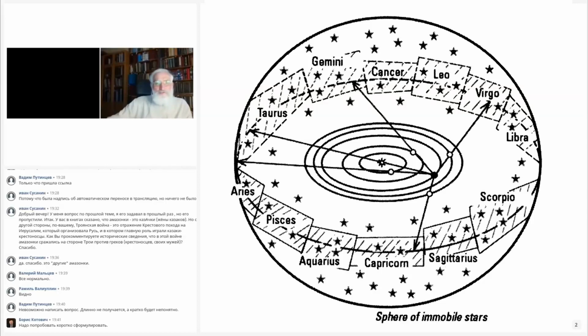The sphere of fixed stars, of course, rotates because the Earth rotates, but relative to each other, the stars do not shift. And if they do shift, these are what we call the proper motions of stars. These shifts are so small that they were only noticed over centuries and with good astronomical instruments.